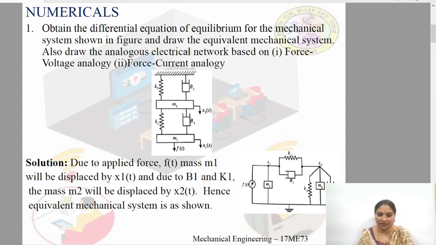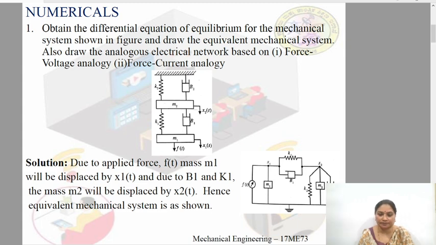Mass M1 is displaced because of the force F of T by a displacement of x1 of T, and due to this B1 and K1 the displacement is x1 of T. The mass M2 will be displaced by a displacement of x2 of T, and hence we can write the equivalent mechanical system as shown in the figure beside.